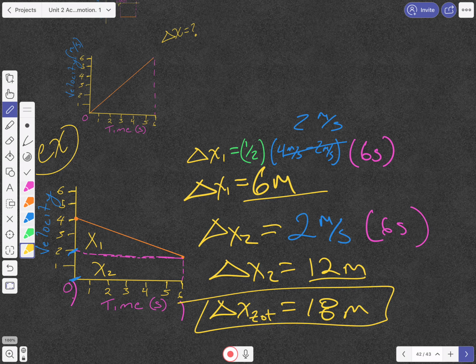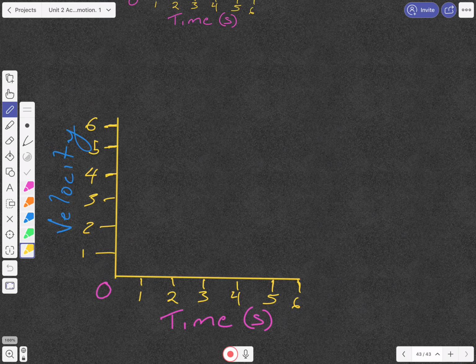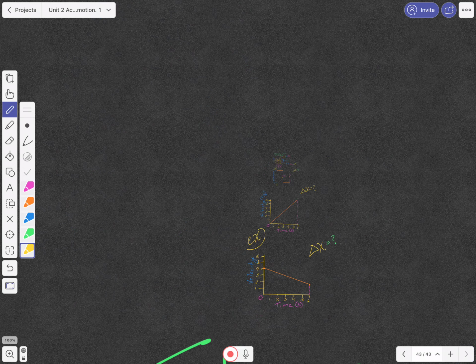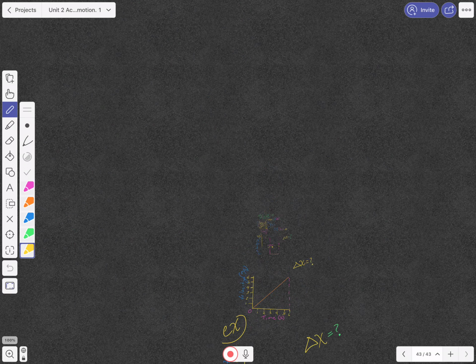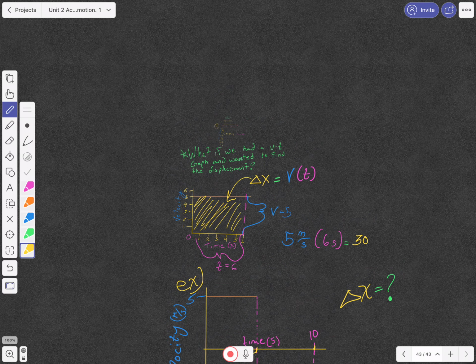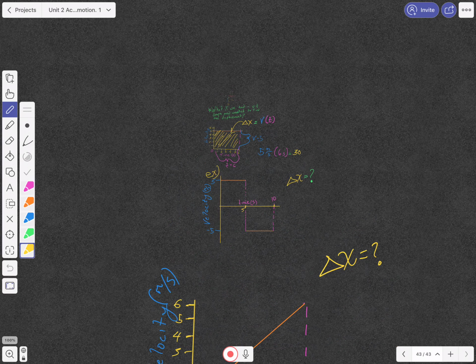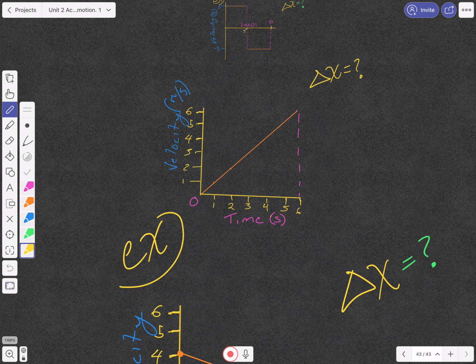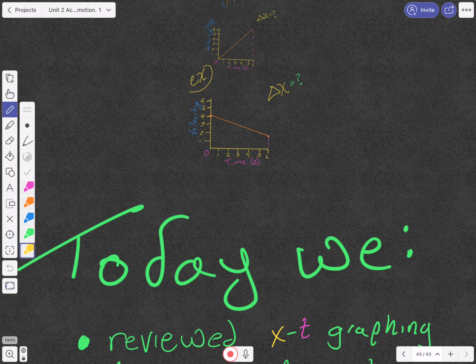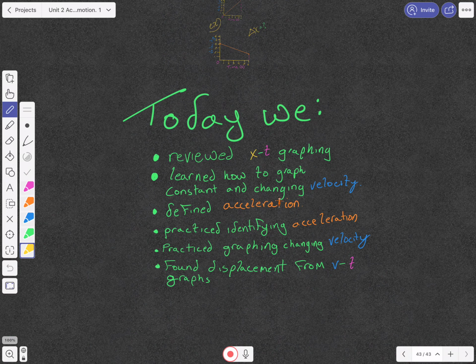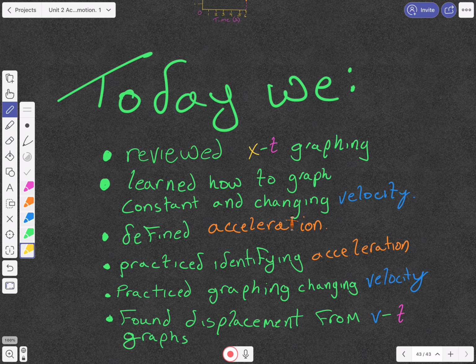Yeah, but real quick before we go, I want to go over what we went over. So we had all of these notes, and we were able to go over. We reviewed our position time graphing from last unit.